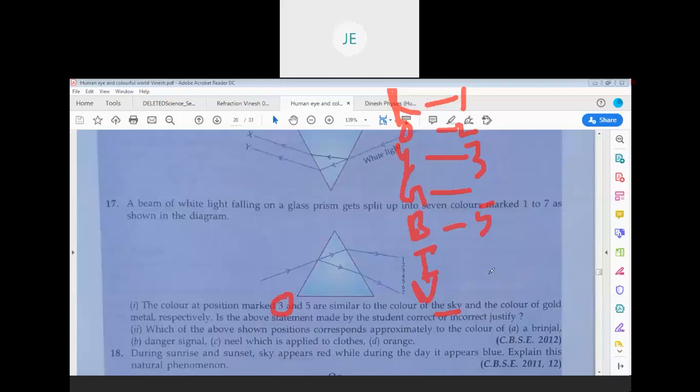C is 5. C is 6, Neil, which is applied to the clothes. It is blue in color. So C should be 5, D should be 2, and B should be 1.